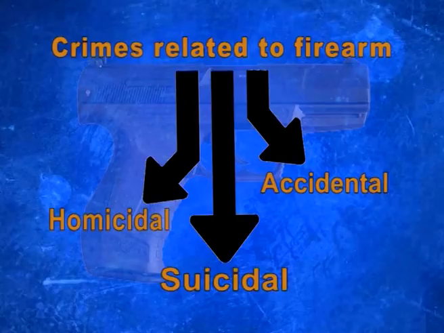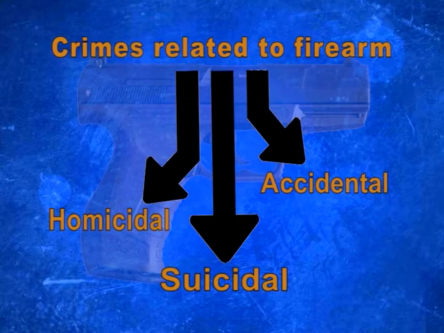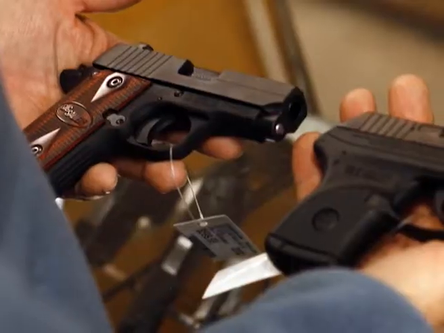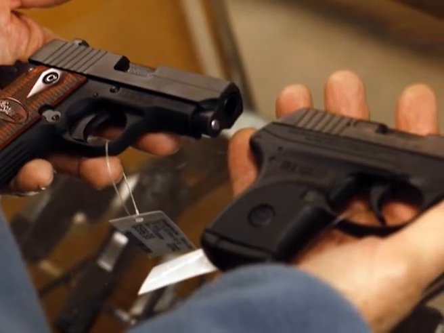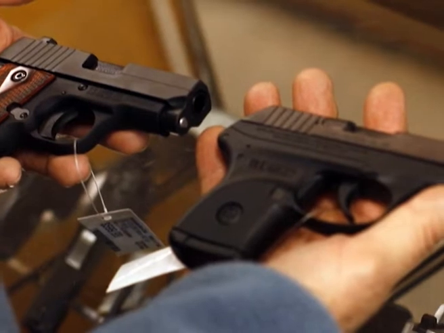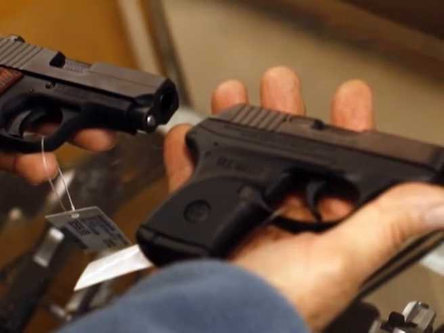Now, crimes related to firearm are of 3 types: homicidal, suicidal and accidental. Firearm usage in homicidal and suicidal acts shows malignancy and intention on the part of the firearm user, but in the accidental type of crimes, it is nearly impossible to give inference on any intention.